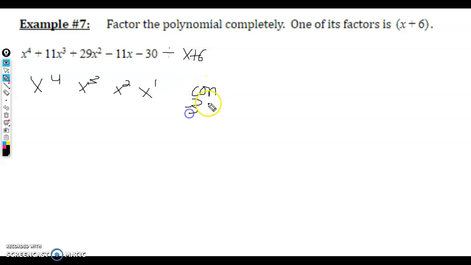I'm like negative 30, negative 11, 29, 11, and 1. If I set this equal to 0, my magic number is x equals negative 6.